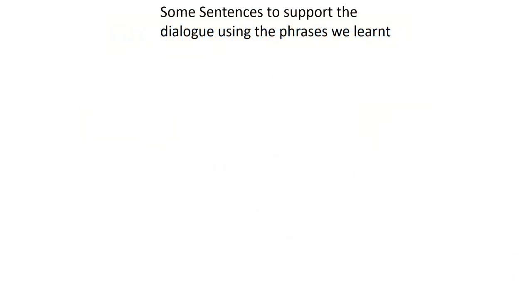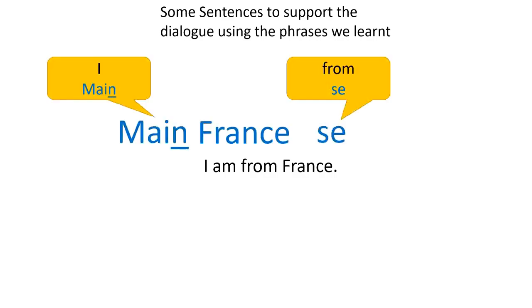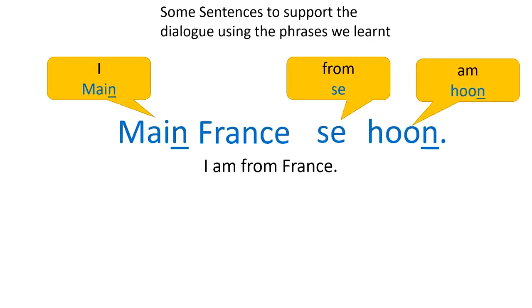So far, we have learned some words, some phrases. Now let us learn some more sentences to have a meaningful conversation. So first sentence is, I am from France. You already know this. We have done this in previous lessons. Can you tell me? Yes. मैं फ्रांस से हूँ.